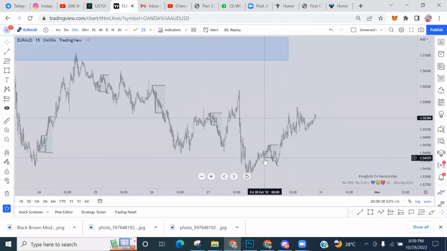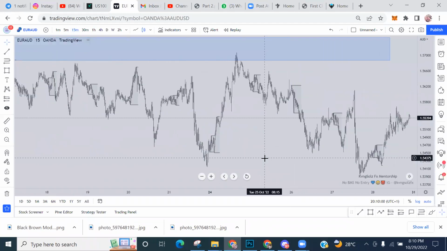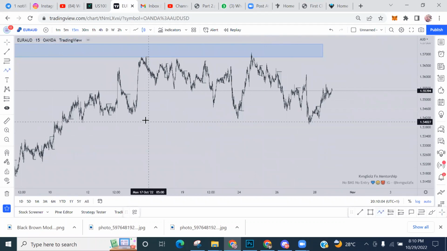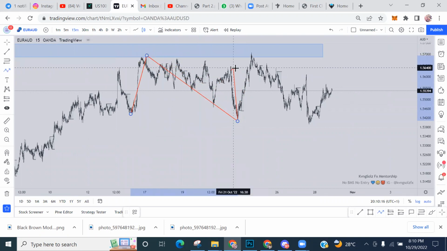Okay, let's see. First of all, the market came in here, look for a good change of character, right? Okay, then market still break below here. Okay, no problem. The market grabbed liquidity, and then gave a change of character.